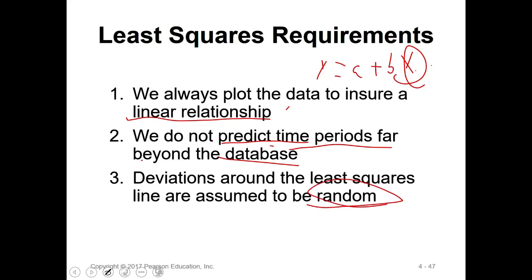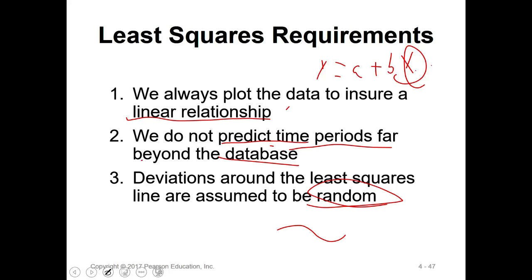Random means whatever the errors or deviations are, they are caused by uncontrolled random error. If you see some special patterns in the residuals, that means your linear regression line is not good enough. You need to include some other terms in the regression model. So that's more of the statistics background involved in that one.